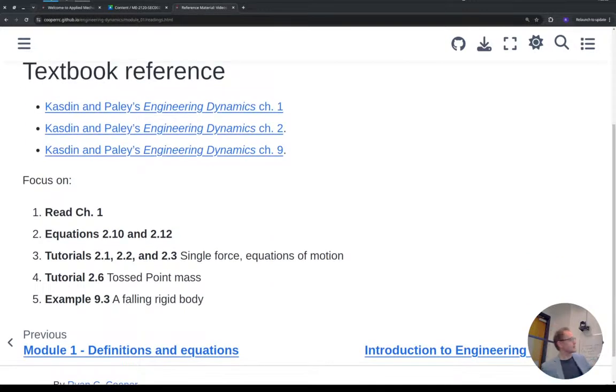Chapter 1 is kind of short, so you could probably read that in 20 minutes or something. It's just a couple of pages. And then I give you a few focused areas for most of the readings. Don't go and read all of chapter 9 in one sitting. You can if you want, but for the most part, this first 9.3 example is helpful for that one.